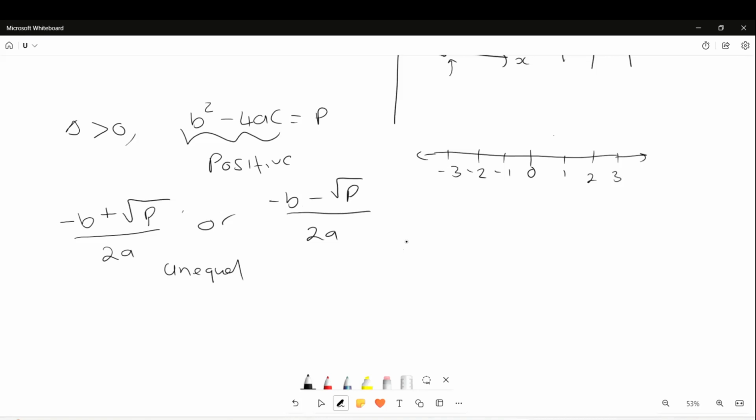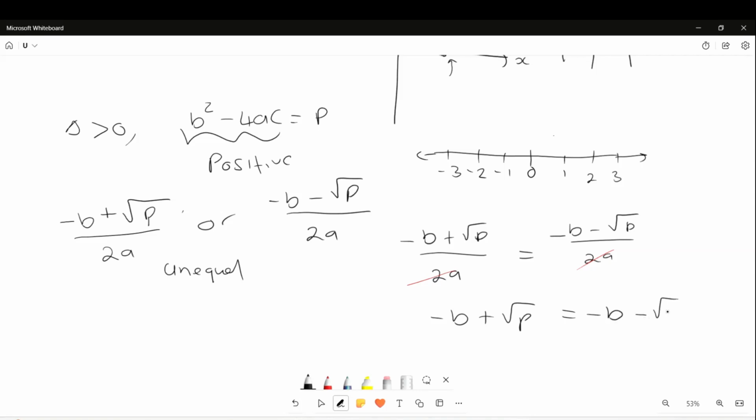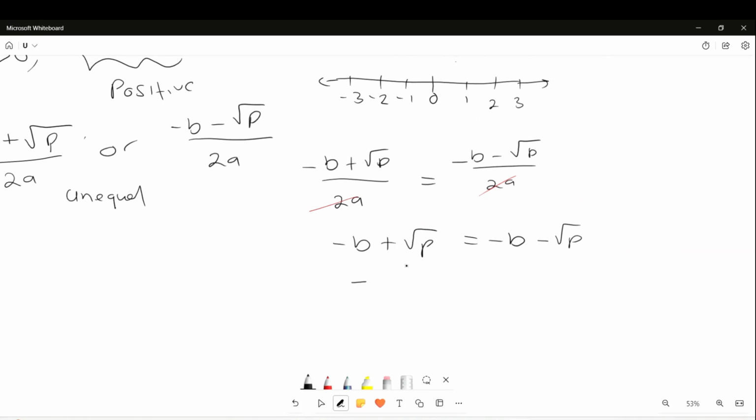For instance, if you say they are equal, then let us prove that. Let's say you have 2a here, and here we have negative b minus the root p over 2a. So we can take out the 2a, leaving us with negative b plus the root p, which is equal to negative b minus the root p. If I transpose this to that side, I will get 0 equal to 2 times p.